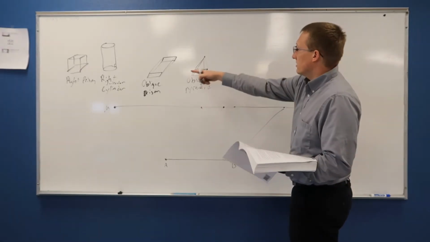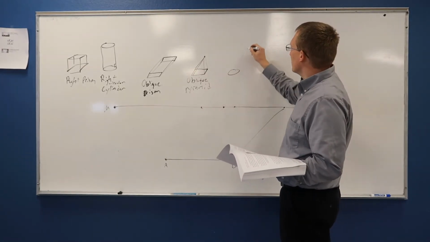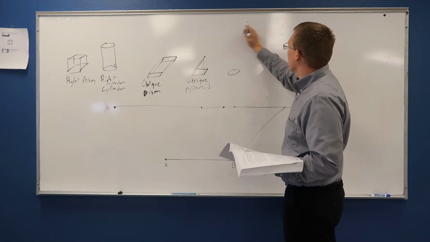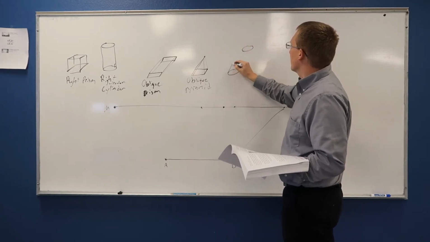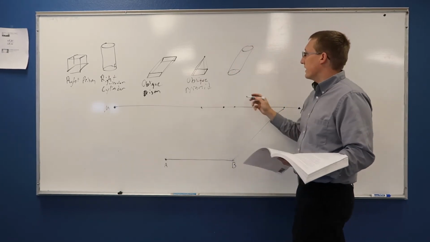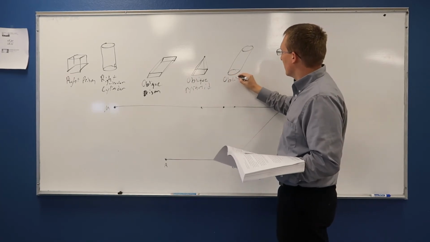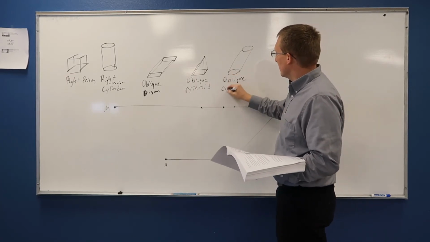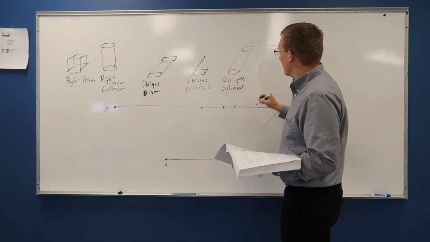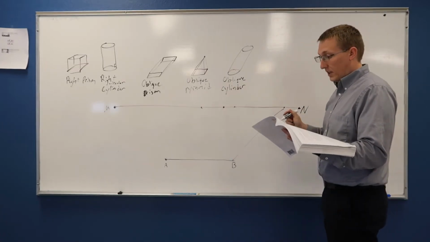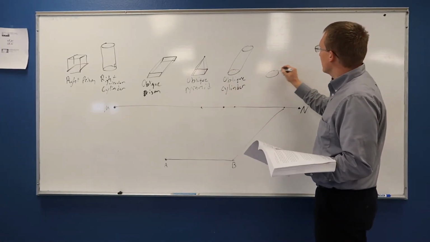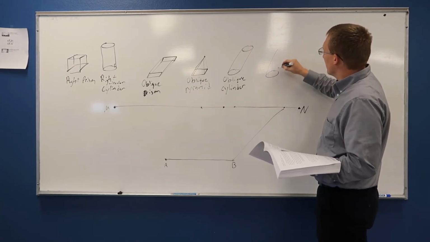Oblique cylinders, again, similar to that. You've got your circle, you got your circle like that. This is an oblique cylinder. And then last but not least, our oblique cone. Similarly, you're going to have that and a point.